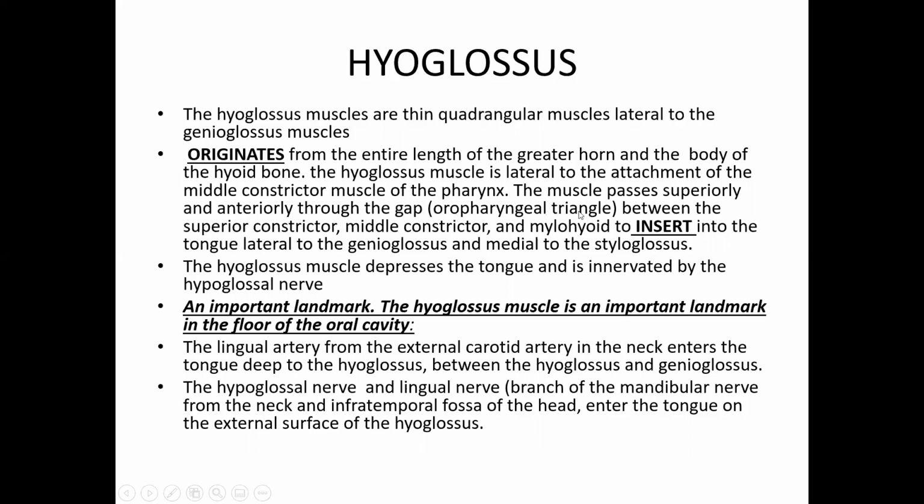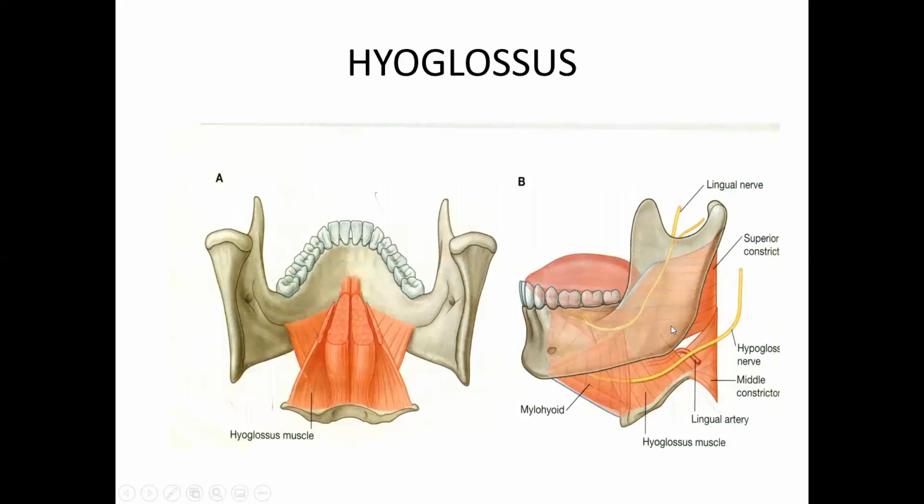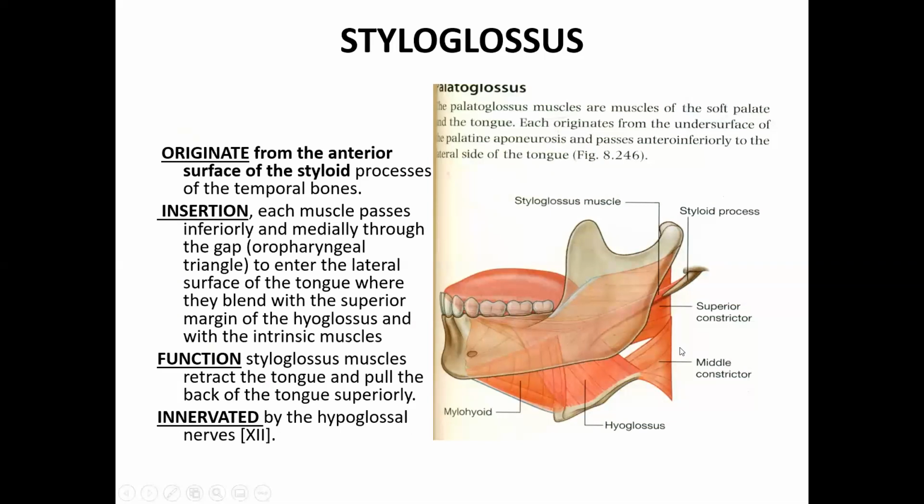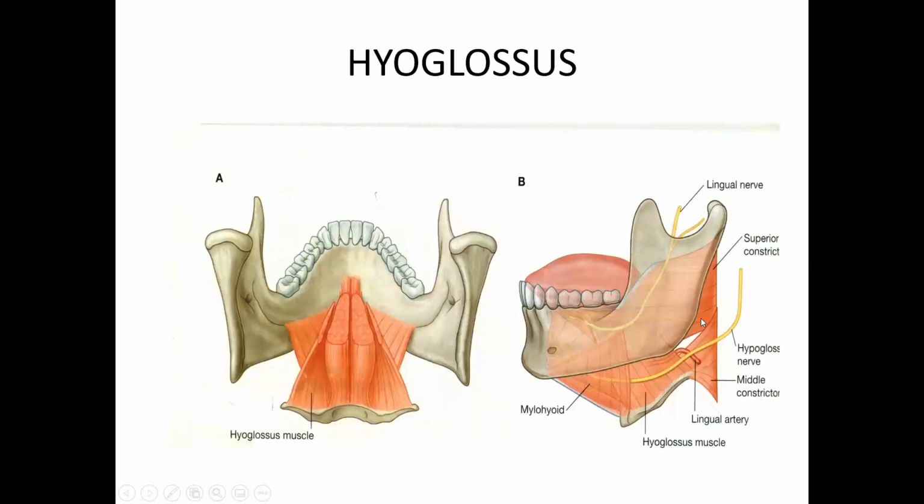Also, you can see here, this is the oropharyngeal triangle. The oropharyngeal triangle is the triangle for the passage of vessels from the neck into the oral cavity. It is bounded by the superior constrictor, the middle constrictor, and the mylohyoid muscles.